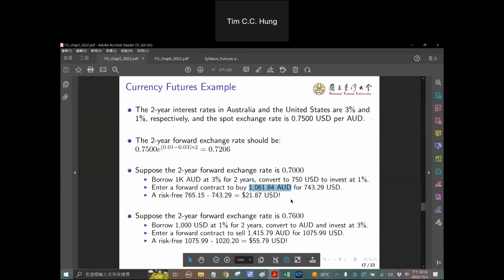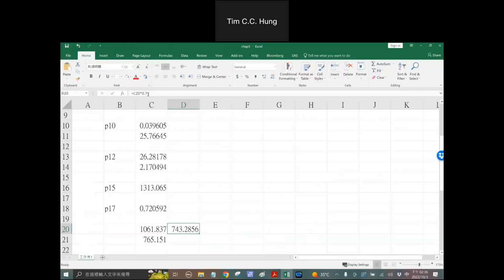To get prepared, we need to enter into a forward contract. We are given a forward exchange rate of 0.7. Then how many US dollars should we prepare? We need this amount multiplied by 0.7, which gives us exactly 743.29 US dollars. That is what we have over here.